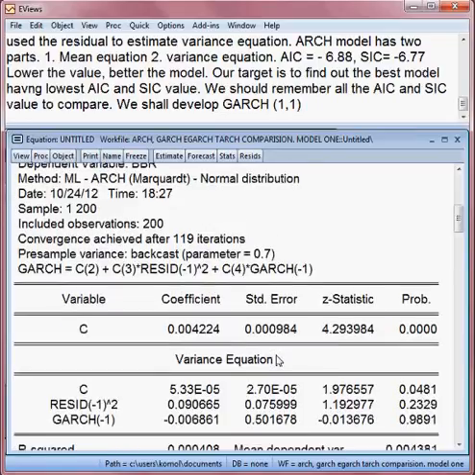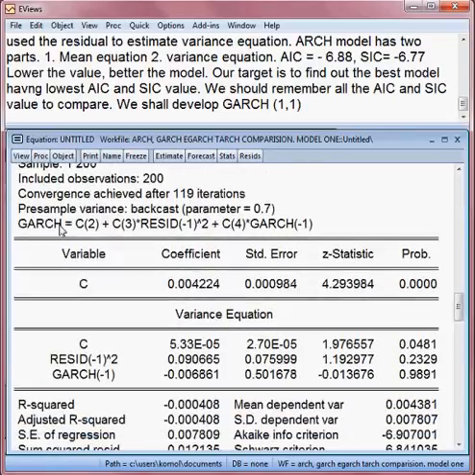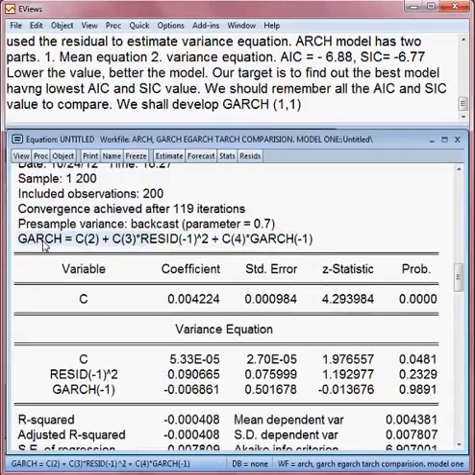Okay, so that is the outcome. So this is my GARCH 1,1 model, and you can see this is ARCH 1 and this is GARCH 1, right? And this one is the dependent variable, called the variance of the residual.